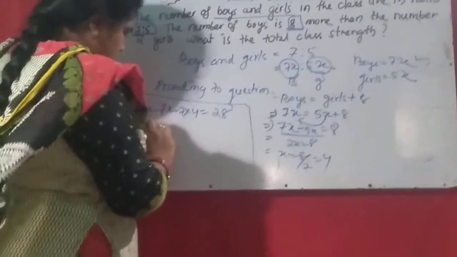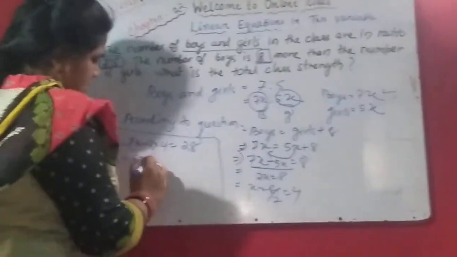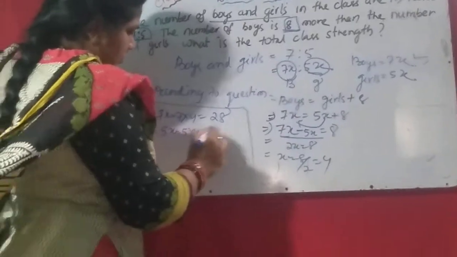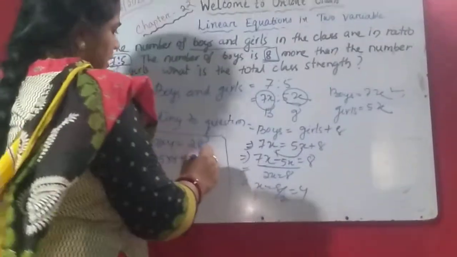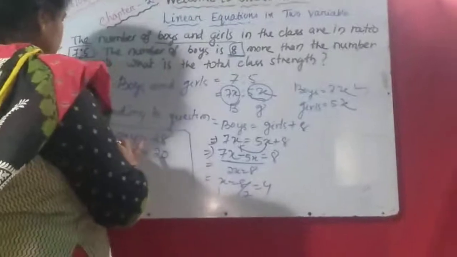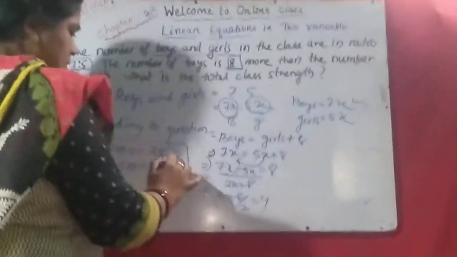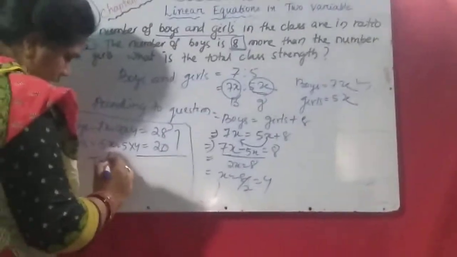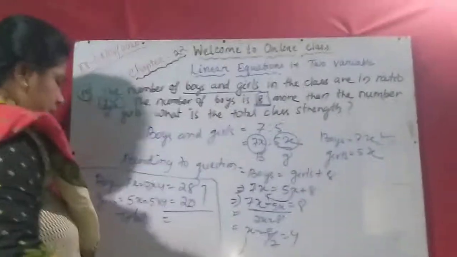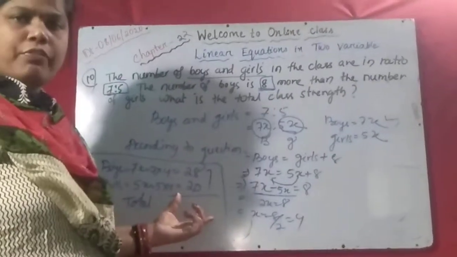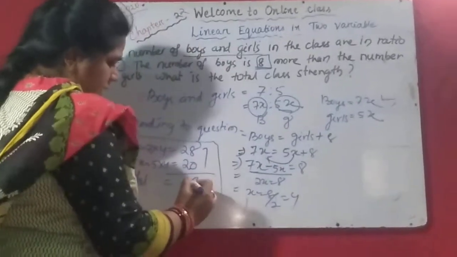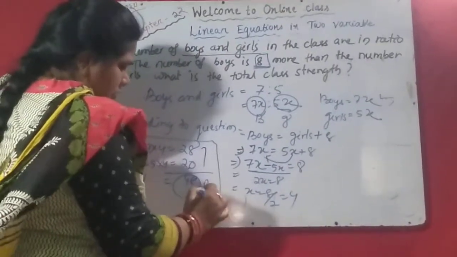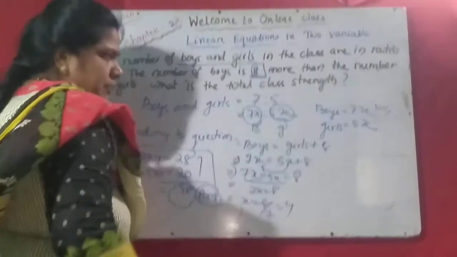Girls equal 5x, 5 into 4, that is 20. Here you get the boys are 8 more than the girls, as given. You got it or not? Now the total strength. Total means you add the number of boys with the number of girls. So 28 plus 20 is 48. So here is your answer, the total strength of the class.